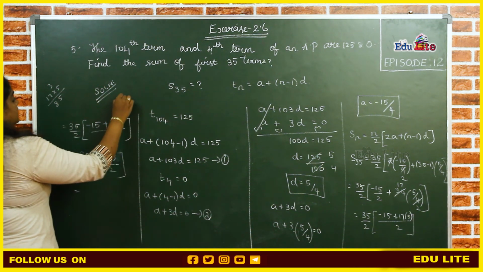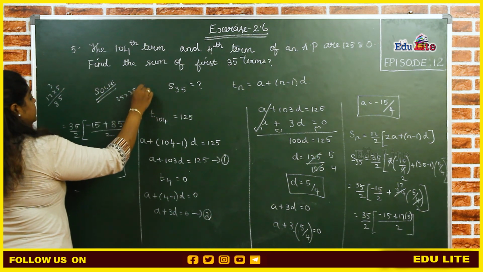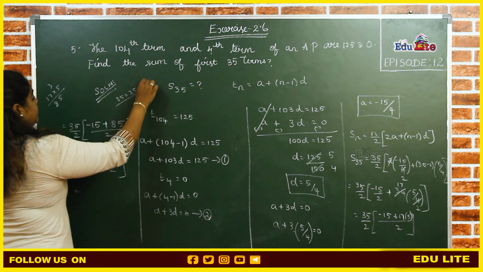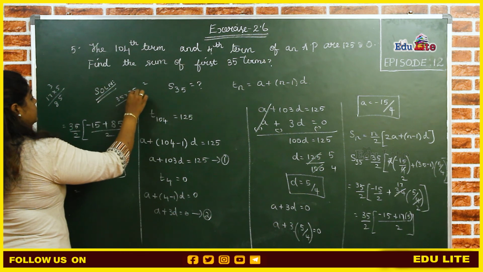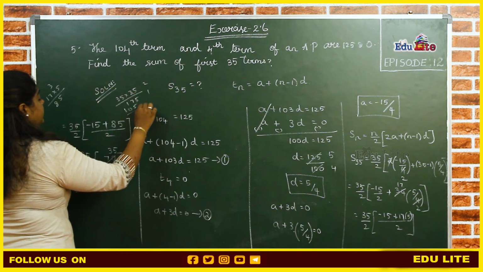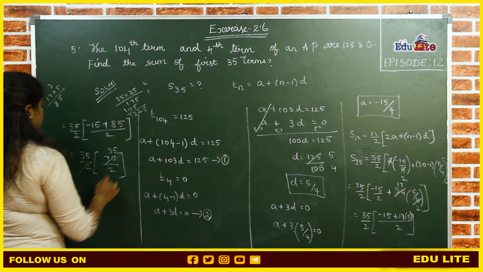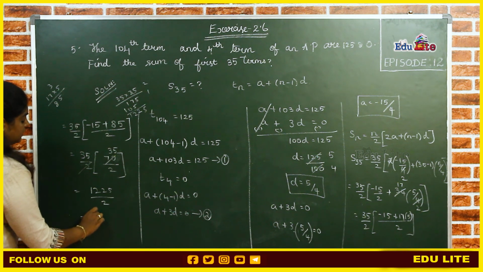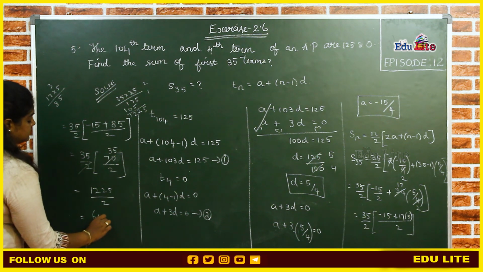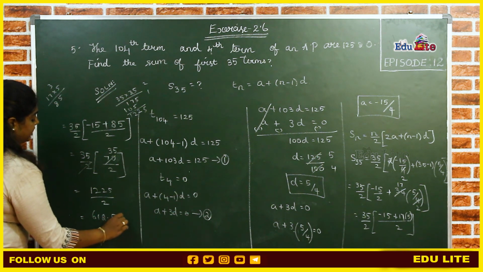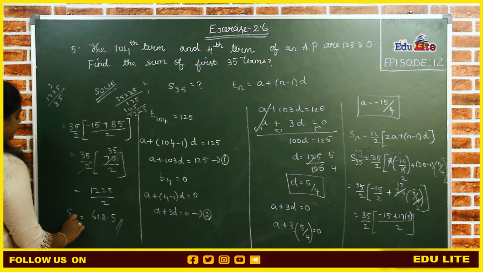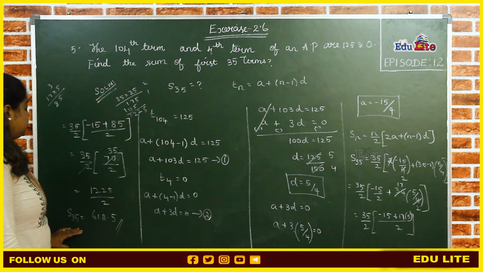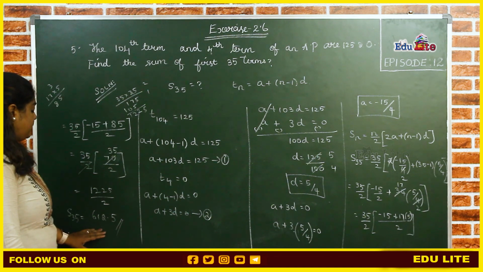Therefore 35 into 35 is 1225... so 1125 divided by 2, 612.5. Yes, the sum of first 35 terms is 612.5.